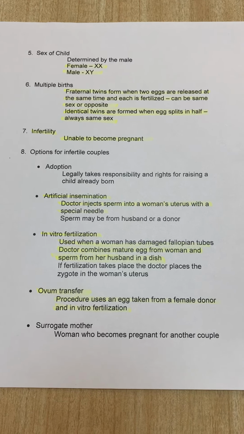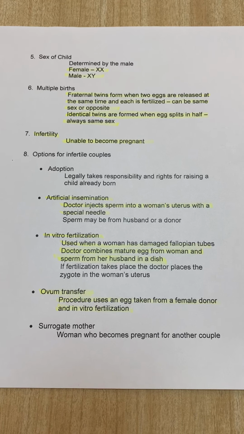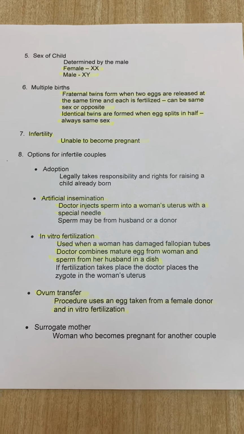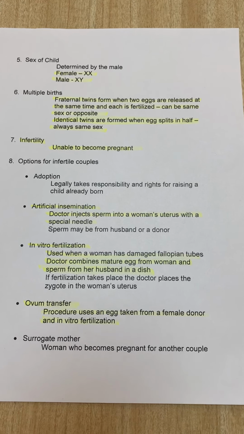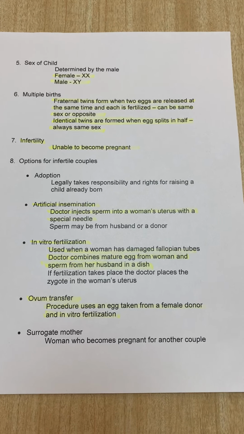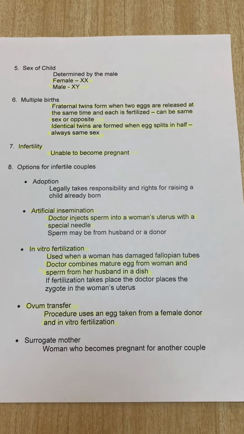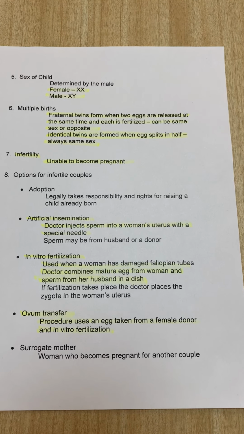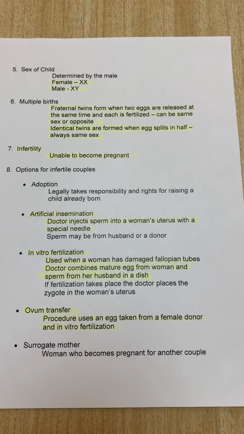So the doctor combines healthy eggs from the woman and sperm from the man outside of the body, and then the fertilization takes place. The doctor will then reinsert the eggs back into the woman's uterus.